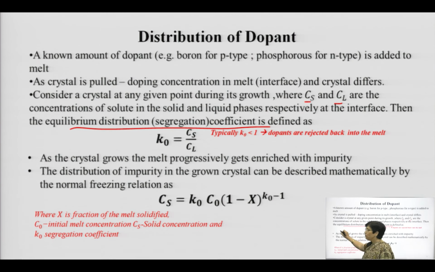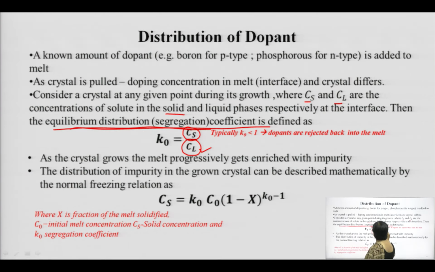So, therefore, you need to know the equilibrium distribution or segregation coefficient. Now, this coefficient is the ratio of the concentration of solute available in the solid to the concentration of solute available in the liquid phase.